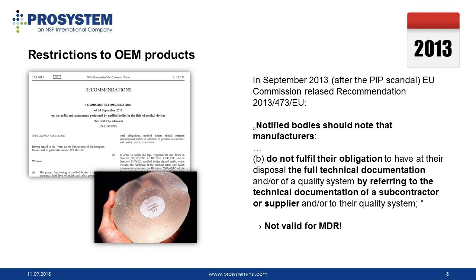So at that point in time, the EU Commission recommended, it was just a recommendation, that these OEM products and OEM constellations between manufacturers and suppliers should not be continued.